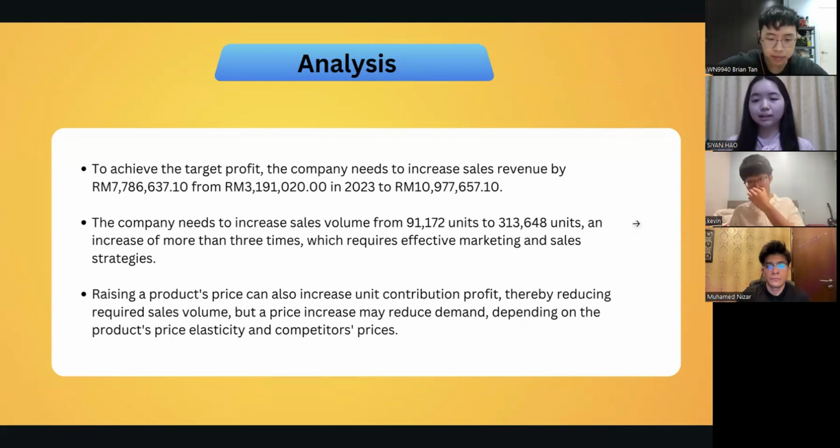Raising the product price can increase unit profit and reduce the required sales value, but may decrease demand depending on price elasticity and competitors' pricing. Success depends on market price sensitivity and maintaining competitive pricing to avoid losing market share.